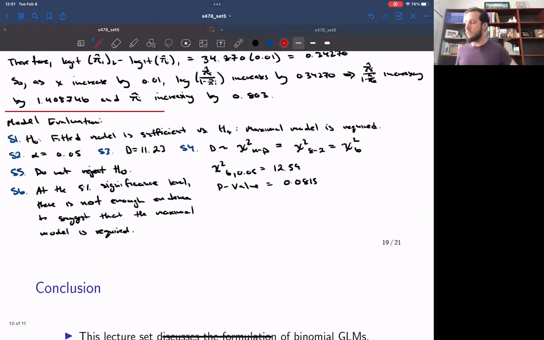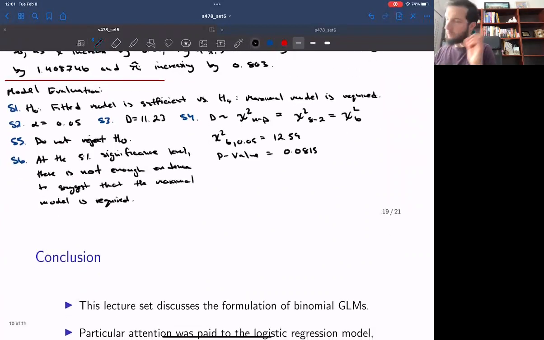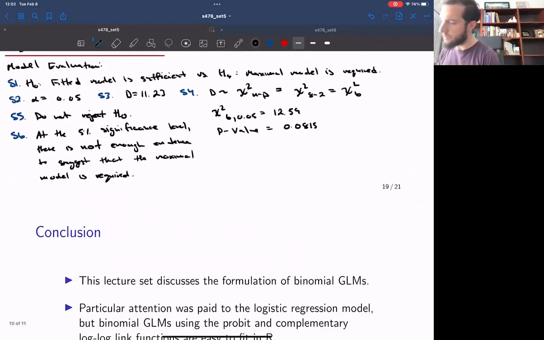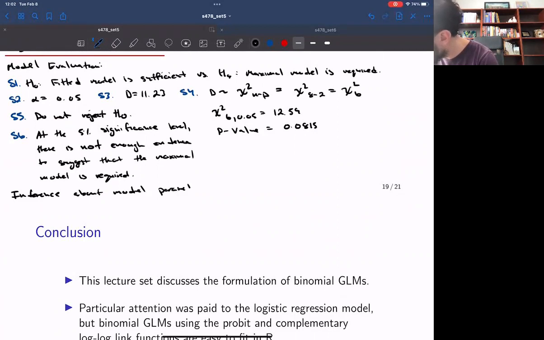There's one other thing I wanted to mention here before we move on. This reminds me of one other thing I almost forgot about. We have our deviance measure, and we can also do inference about model parameters. Remember that the model parameters in a GLM are normally distributed.